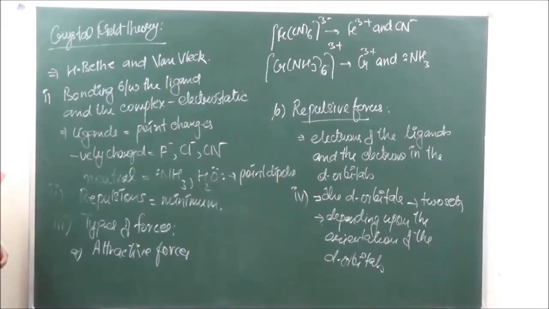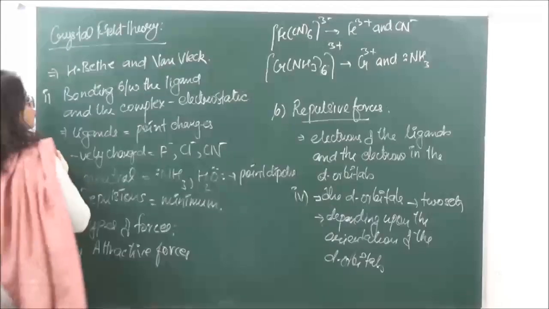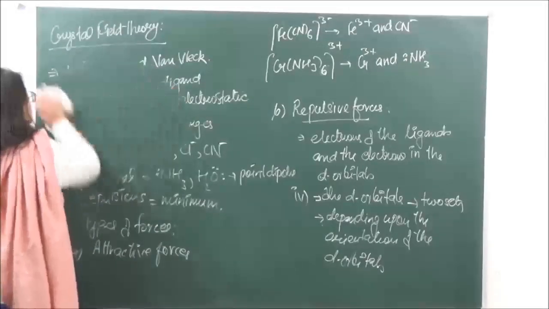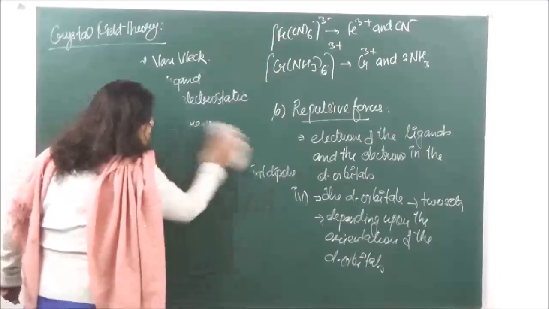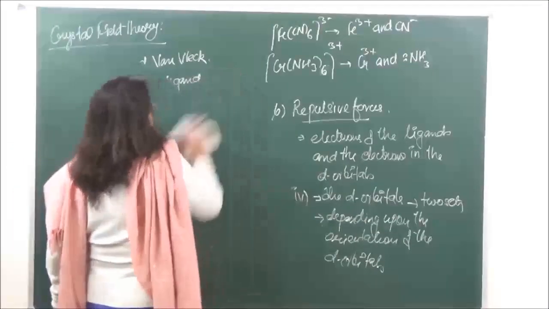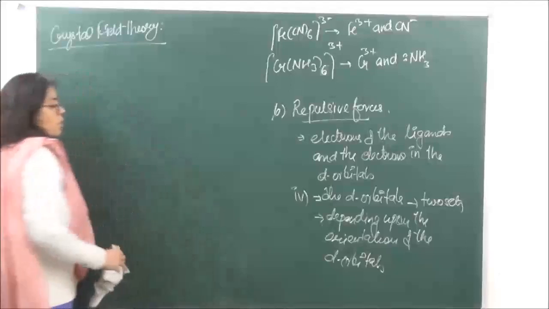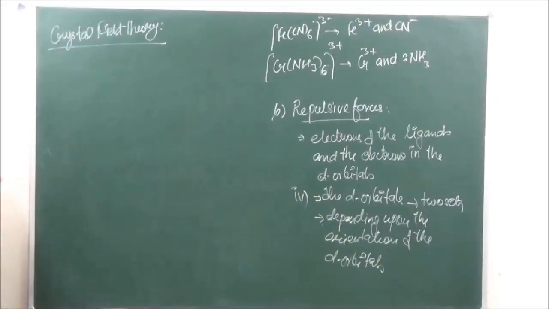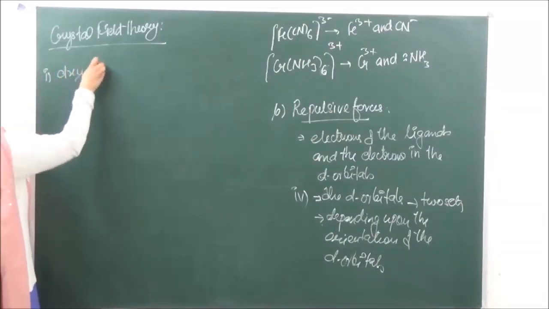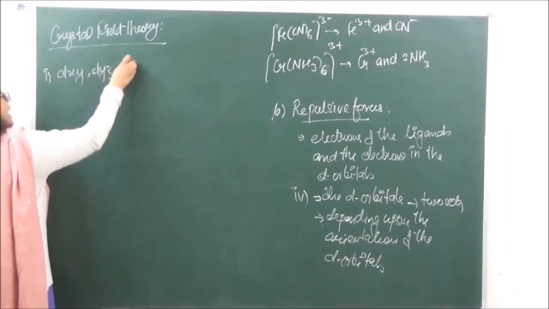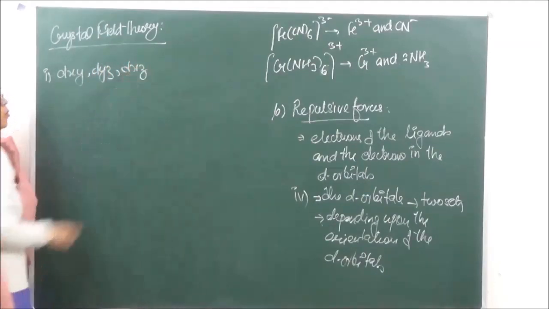Let's see what these 2 sets are which we are going to discuss over here. Now over here we say that the first set consists of dxy, dyz and dxz orbitals.